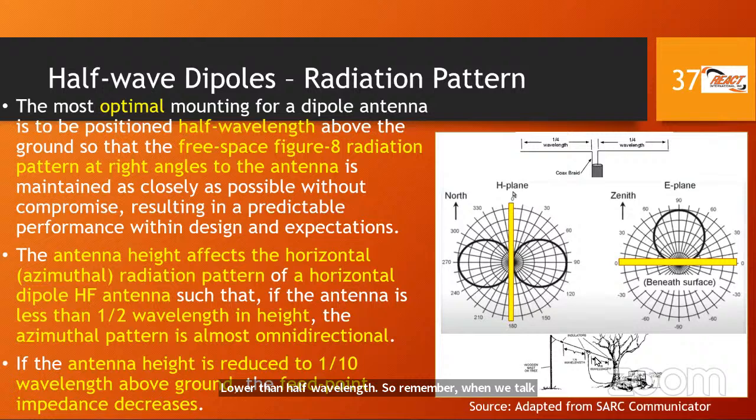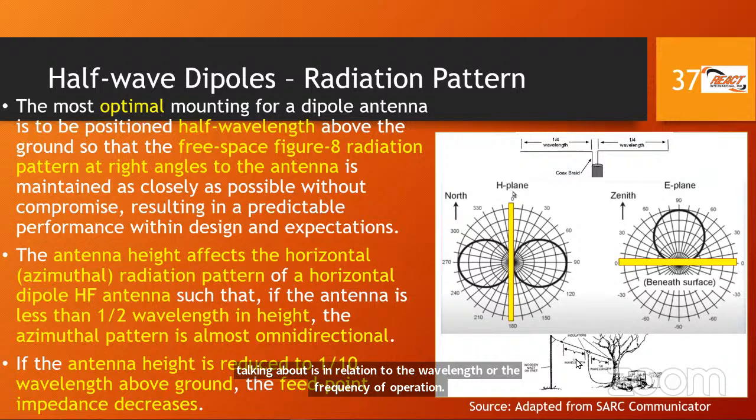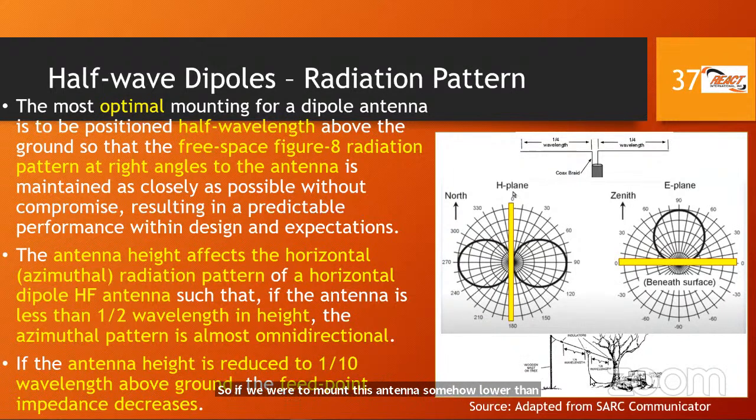And the length of an antenna is dependent on the frequency of operation. So everything that we're talking about is in relation to the wavelength or the frequency of operation. So if we were to mount this antenna somehow lower than half wavelength of the frequency that we're operating on, we will affect the radiation pattern, right?